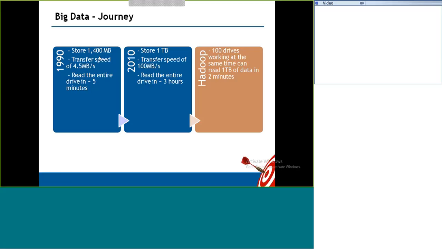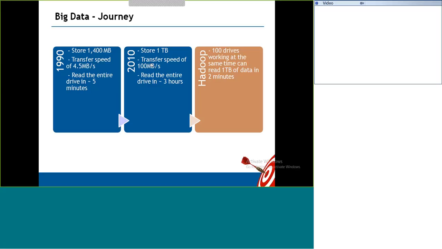Now we are talking about whether the processing speeds of the technologies have increased or not. They have not. At a transfer speed of 4.5 MB per second, you could read the entire drive in 5 minutes. Then in 2010, the storage capability increased to 1 terabyte, but the processing speeds are not up to date, only 100 MB per second using the existing technologies available on traditional systems at the time.